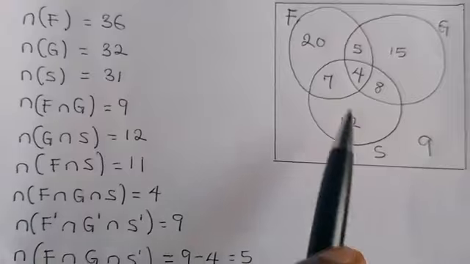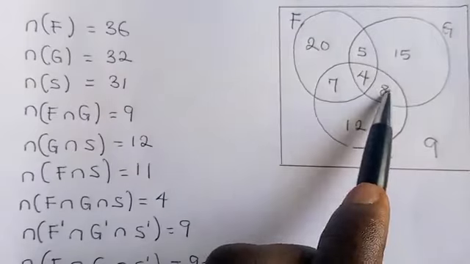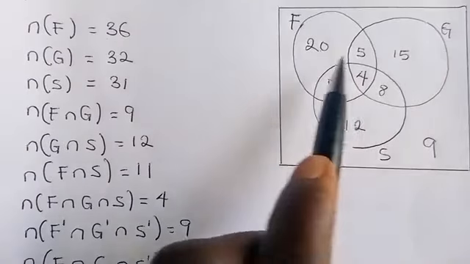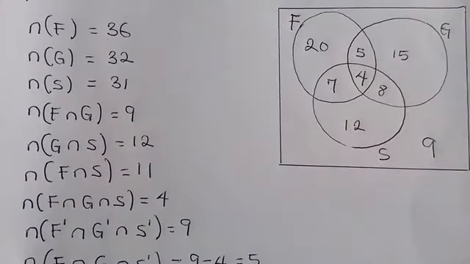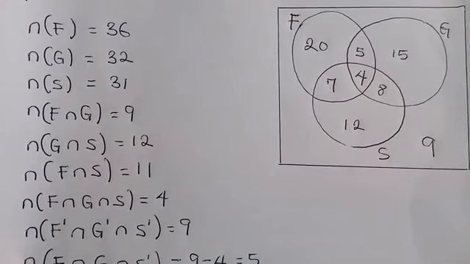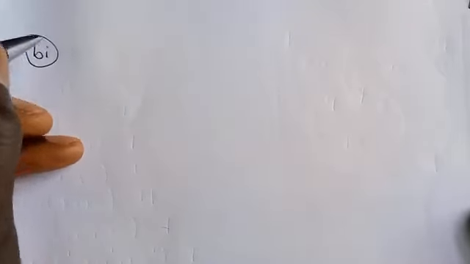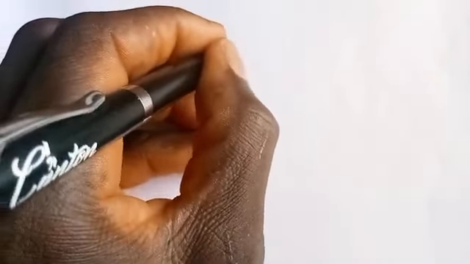So we are going to add 4, 5, 8, 7, 12, 15, and 20 to get the number of those that offered at least one of the languages. B(i), we have at least one of the languages.